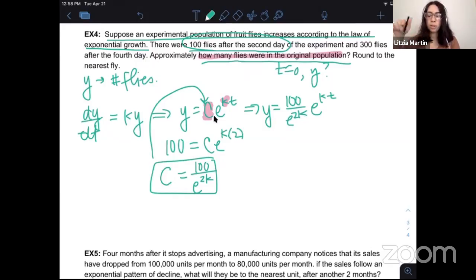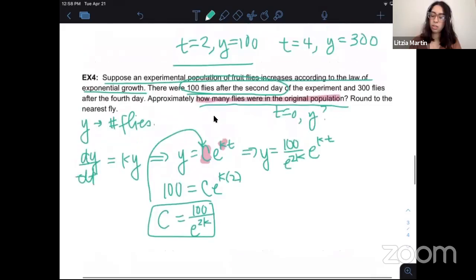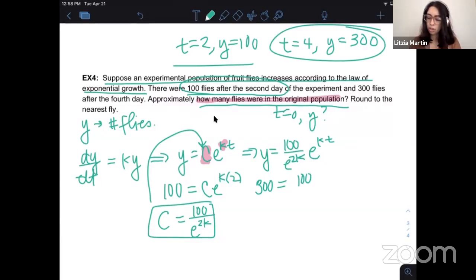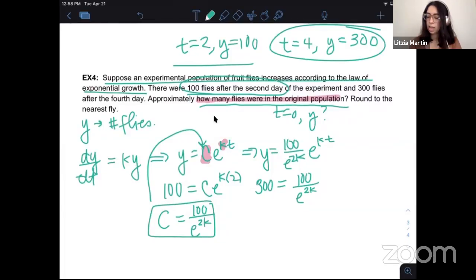And now we're going to plug in the next piece of information that we know. We know y is going to equal 300 when t is equal to 4. So we have 100 over e to the 2k times e to the 4k. We need to do a little bit of simplifying here.